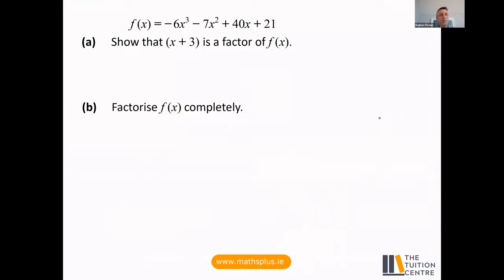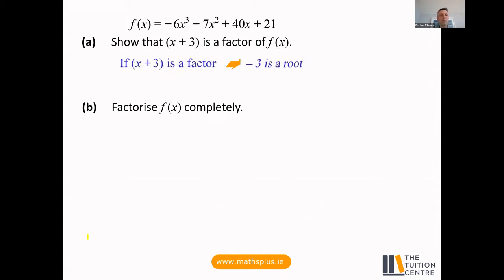It's a cubic function, f of x equal to minus 6x cubed minus 7x squared plus 40x plus 21. So what do we say here? For part A, we're just asked to show that x plus 3 is a factor. We can show that by doing a long division. We could divide x plus 3 into that cubic, and if there's a remainder of 0, then it is a factor.